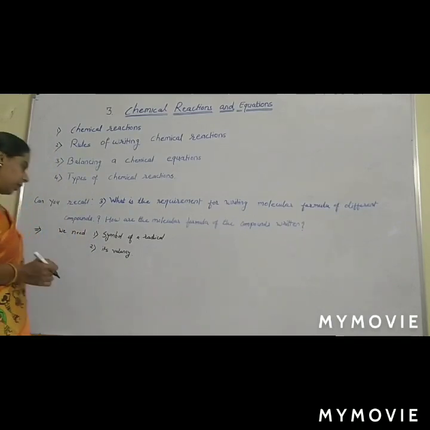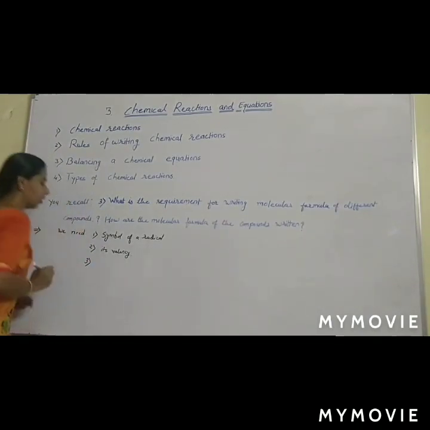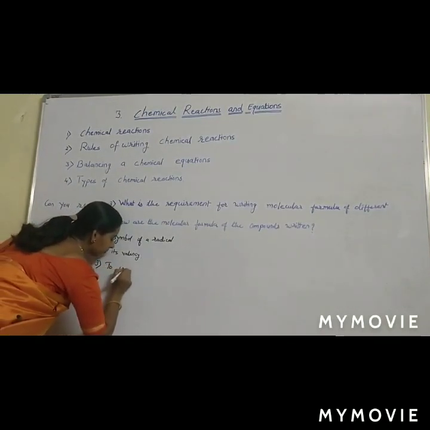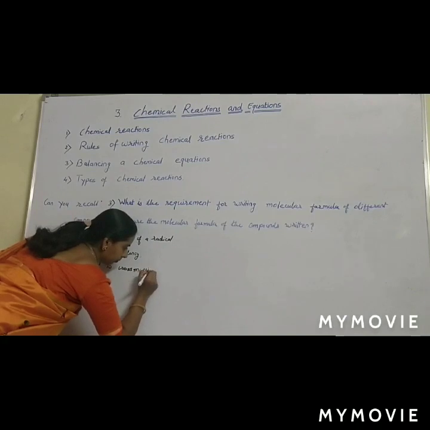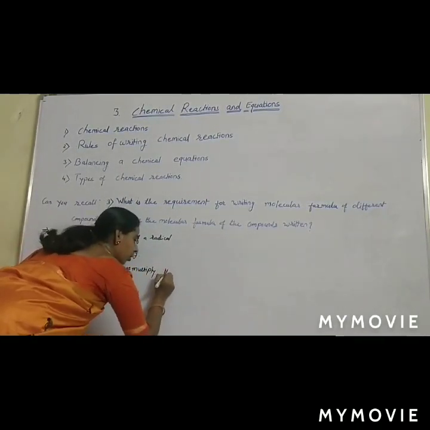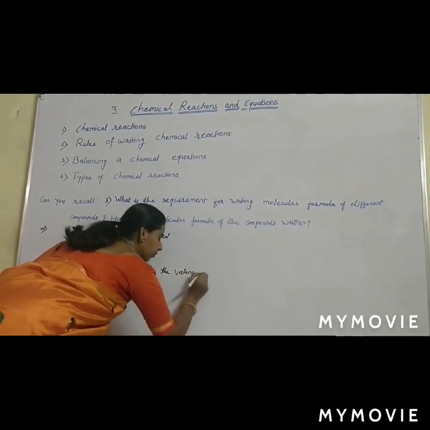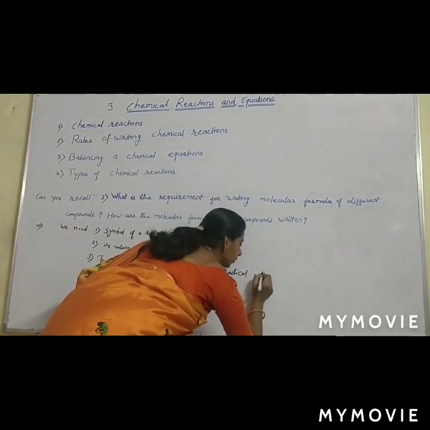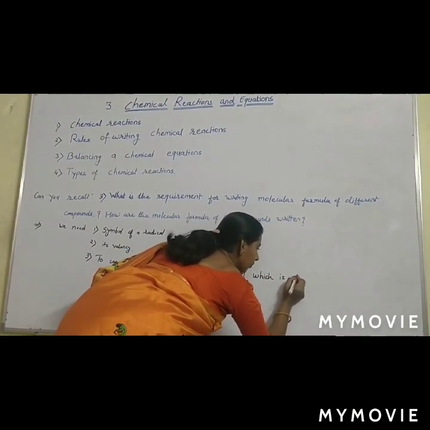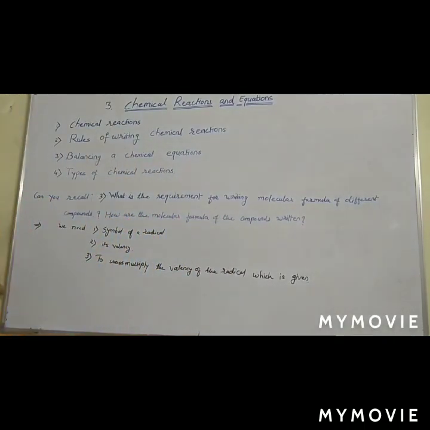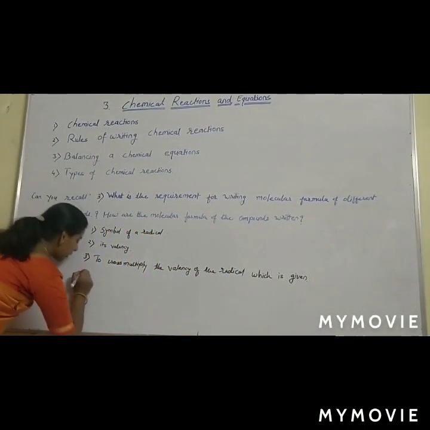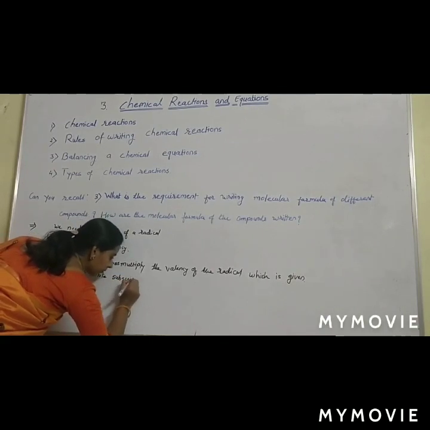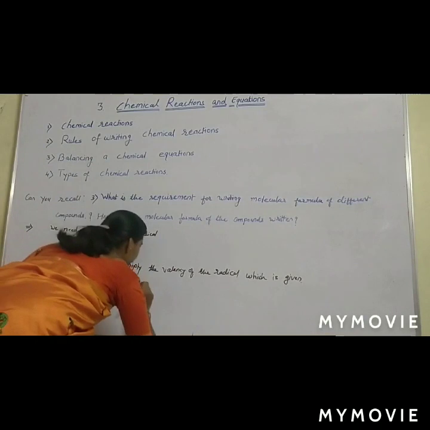With this, we also need two more points: to cross multiply the valency of the radicals, and to write the subscript in the molecular formula.